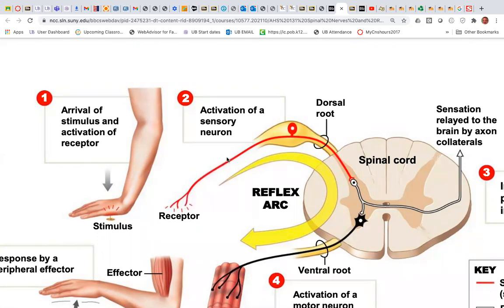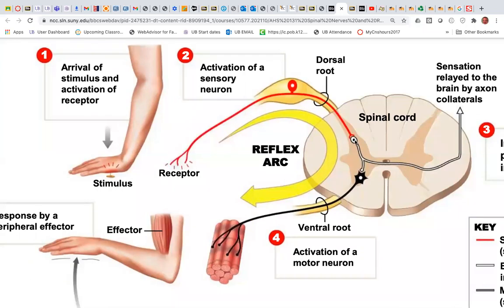Then you have information that goes through what type of neuron? A sensory neuron. This is a sensory neuron carrying the sensory information that the receptor picked up. That sensory information comes in. Ooh, look at that. There's the DRG, the dorsal root ganglia. It goes through the dorsal root ganglia, through the dorsal root, into the dorsal horn. This is gray matter.